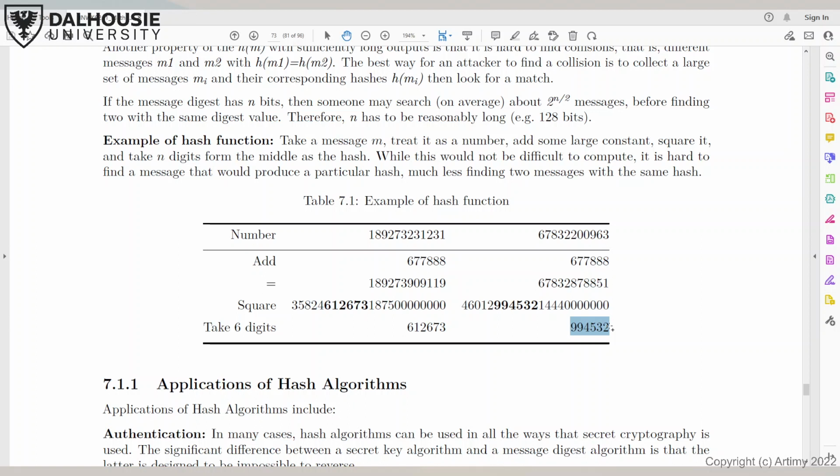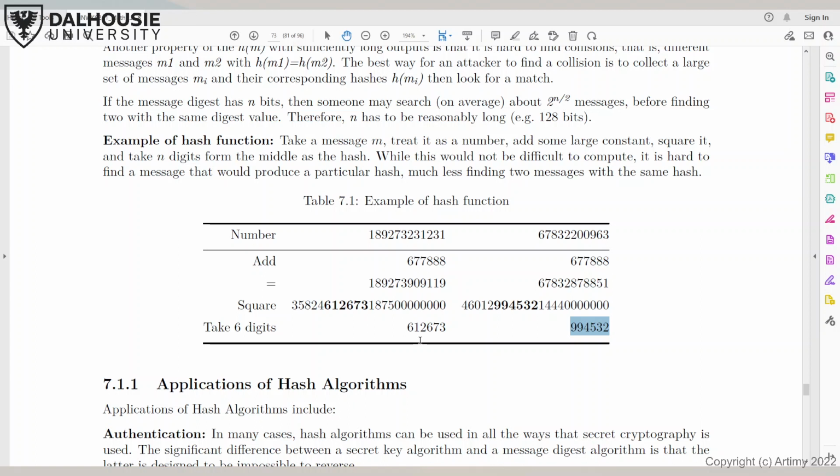Now this is a simplistic example of taking any number and getting the hash of it. From this example we can see that it's rare that we have a number, add another number to it, get the square, and take the 6 digits. Probably we won't have many numbers that generate the same hash by following this example.